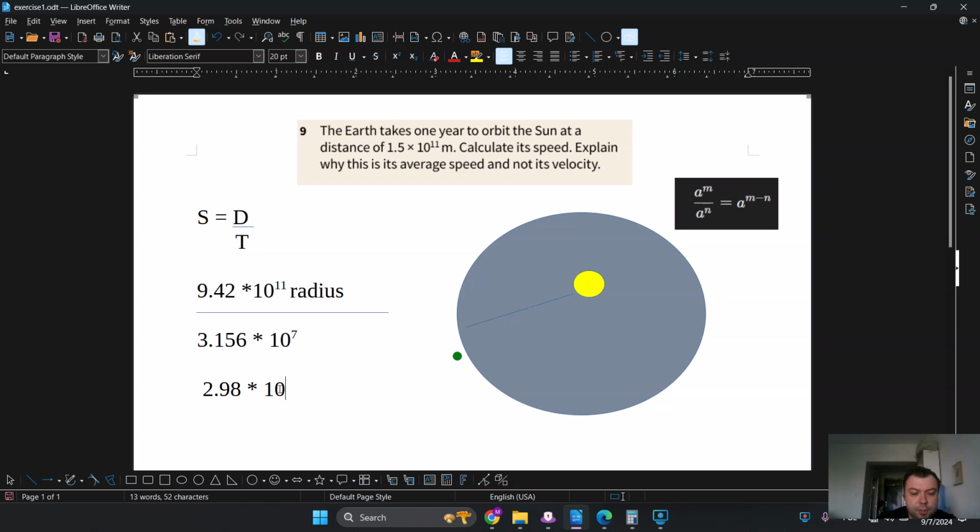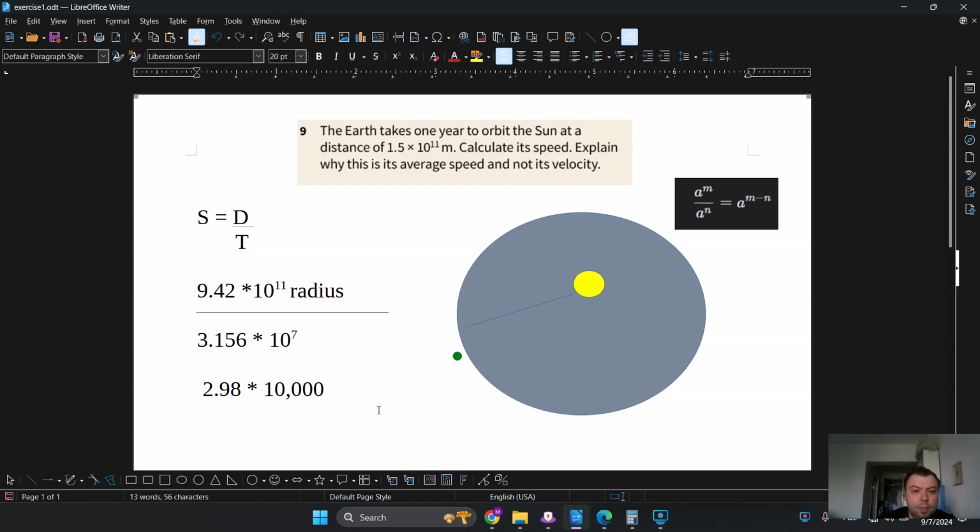So it's 10 to the power of 4. As you can see, the number becomes much smaller, and we know that this means 4 zeros, right? This is 10 times 10 times 10 times 10, which will equal 10,000.